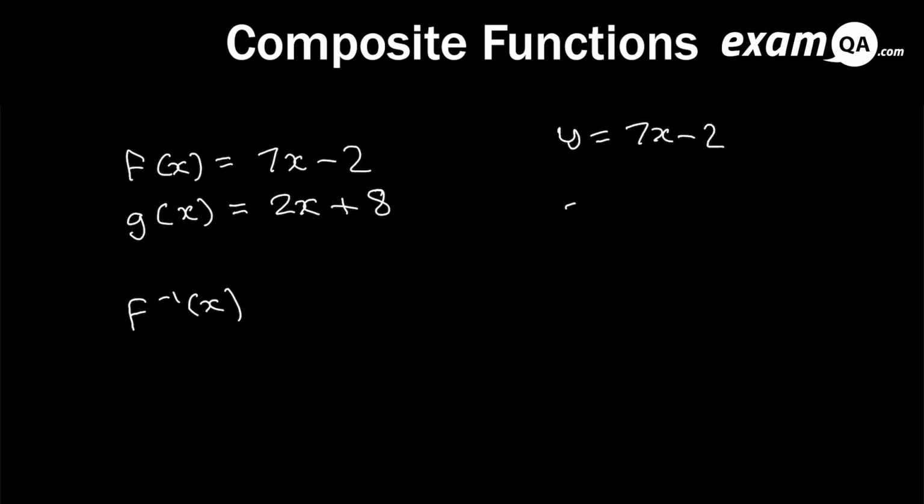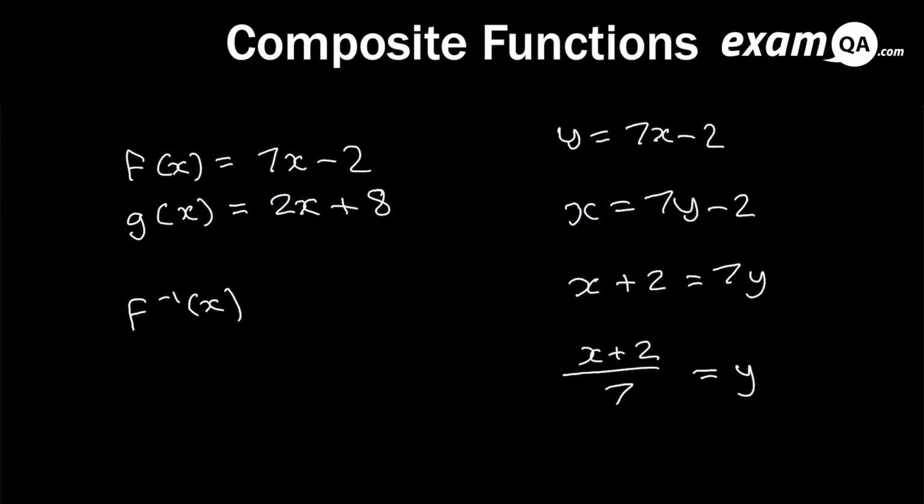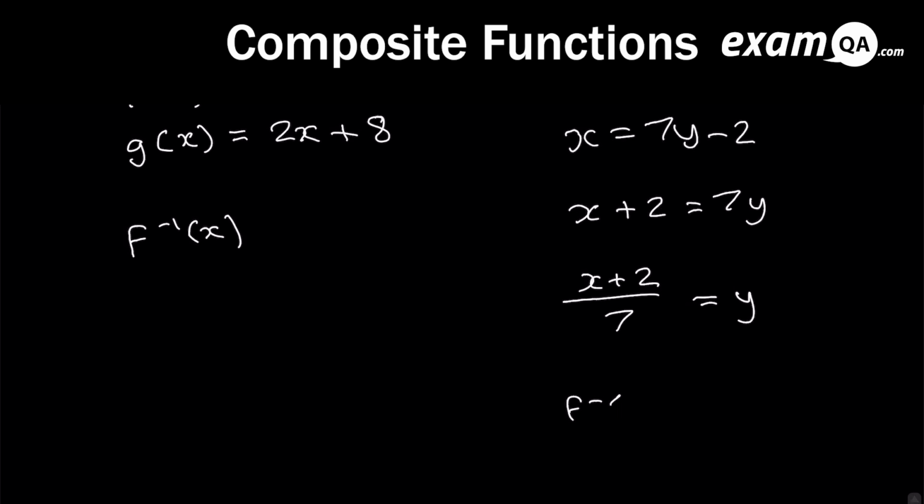So instead of y equals 7x minus 2, I'll write x equals 7y minus 2. Now we'll simply just make y the subject again. And once you've done that, you've got your inverse. And that's it. It's as simple as that. So this new function now, you can call it the f inverse.